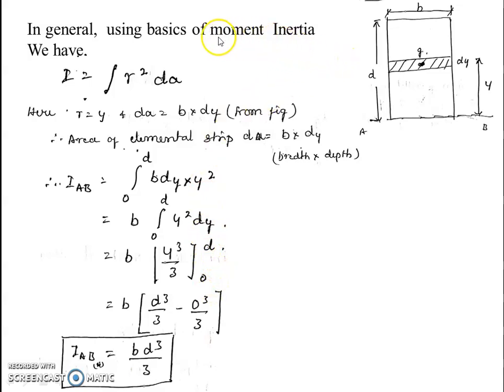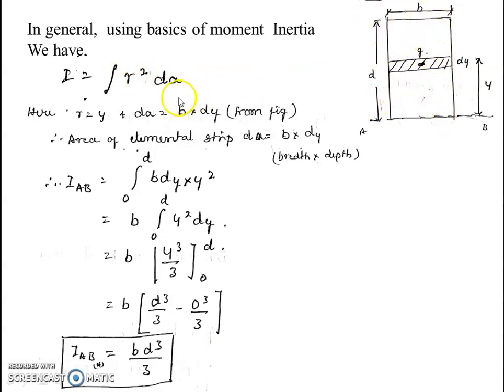I will apply the moment of inertia. From the definition, moment of inertia is equal to the integral of dA, that is the area, multiplied by the distance squared. Here the distance squared is r squared and the area is dA. I took the integral to cover the entire area of this rectangle.